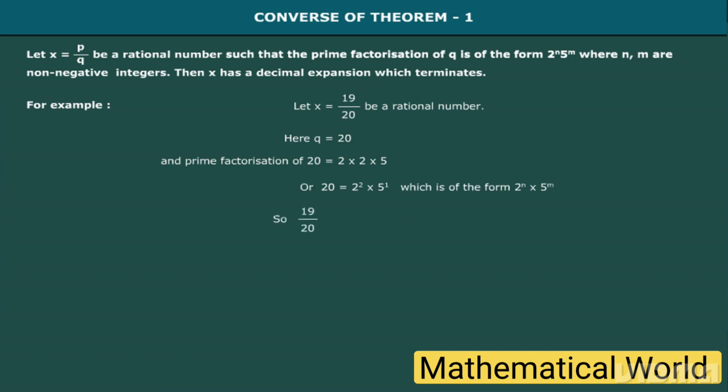So, 19 by 20 is equal to 19 divided by 2 raised to the power 2 into 5, which is equal to 19 into 5 divided by 2 raised to the power 2 into 5 into 5, which is equal to 95 by 100, which is equal to 0.95, which has a terminating decimal expansion.